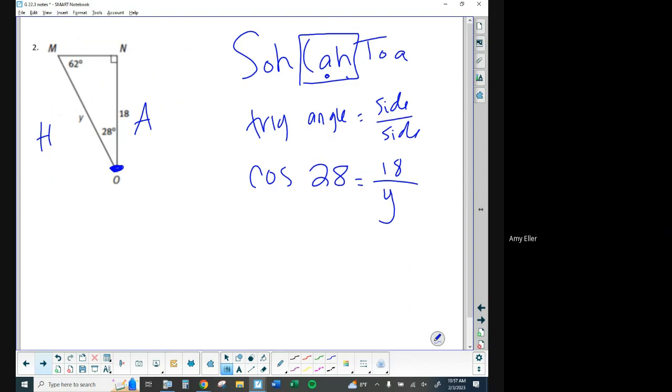Questions on the setup. Let's do algebra. Make this a fraction, so over 1. And multiply across. 1 times 18 is 18. Multiply the other cross. Cosine 28 times y.